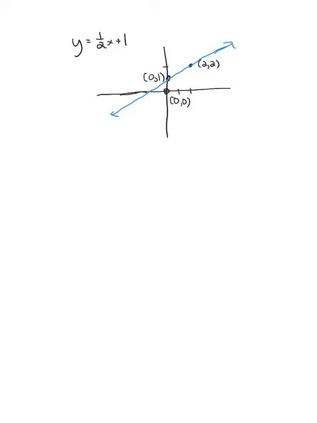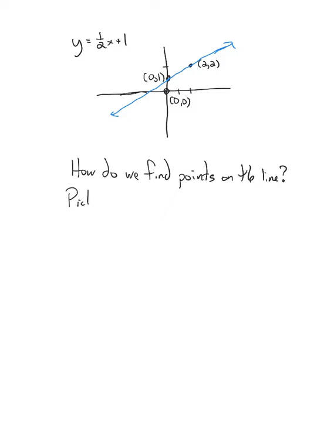There's our line there. So we can ask, well, how do we find points on the line? Well, it's pretty easy. In fact, all we're going to do is pick an x value and solve for the related y value.